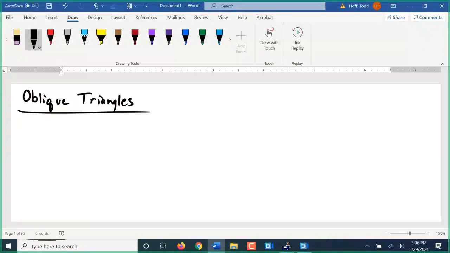So anyway, oblique triangles. We had a couple of different cases. Rather than draw the triangles, I'm going to give you the information.